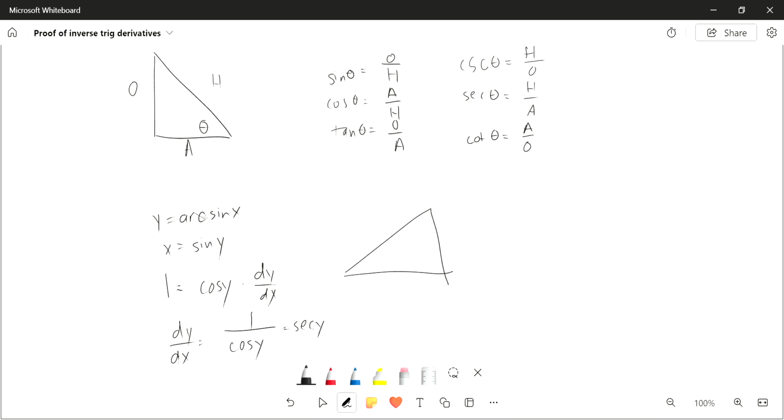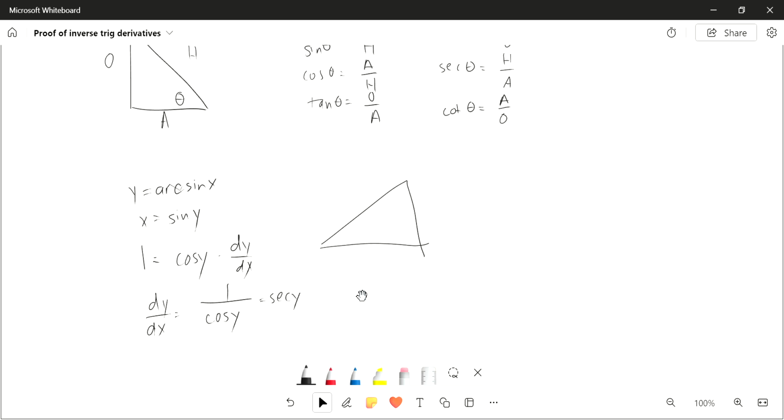So now we have a triangle and we have an angle y, but we want our function in terms of x. We know that x is equal to sine y. So we'll take y as this angle over here, and sine is opposite over hypotenuse. So x is the opposite side and 1 is the hypotenuse. And now the adjacent would be the square root of 1 minus x squared, because if we were to square this, it would be 1 minus x squared plus x squared is equal to 1, which fits the Pythagorean theorem.